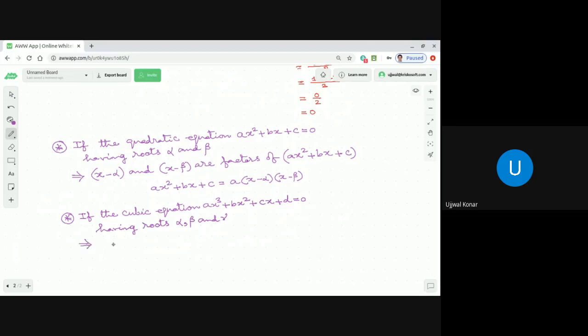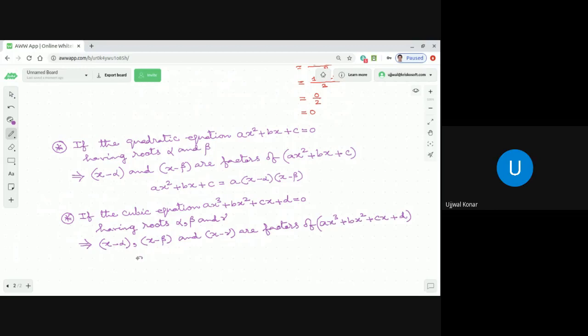Yes, sir. From here, what can we conclude? We can conclude x minus alpha, x minus beta, and x minus gamma are factors of ax cube plus bx square plus cx plus d. Clear or not clear? Clear, sir.